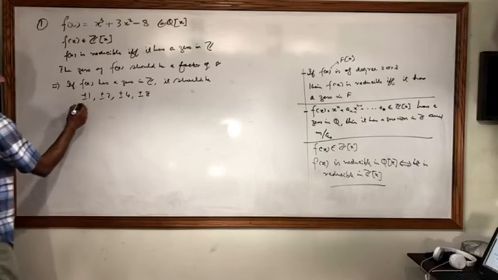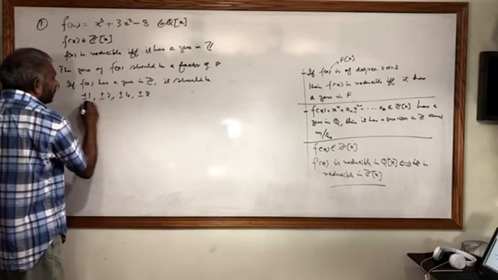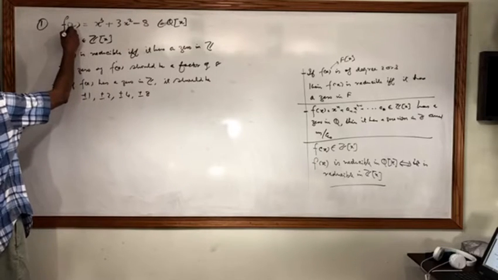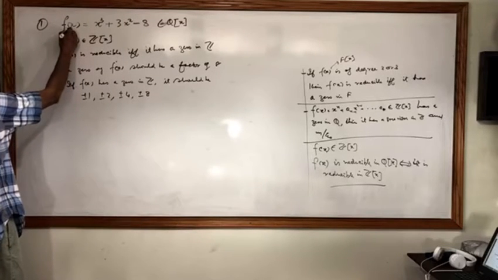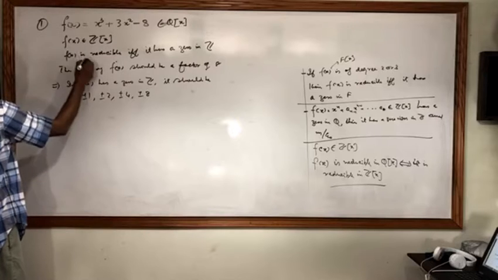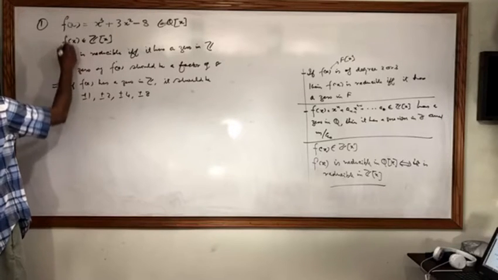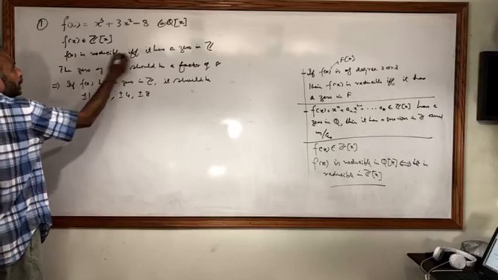If none of these are zeros, then we don't have a 0 in Z, and that means it is not reducible in Z.